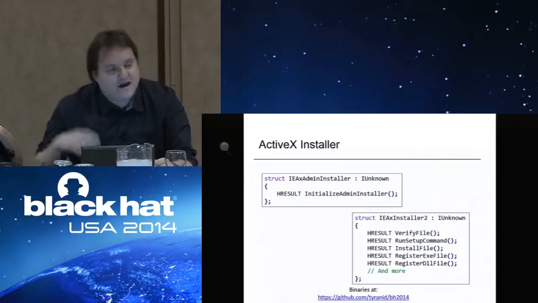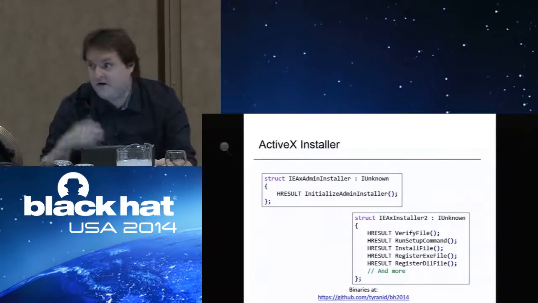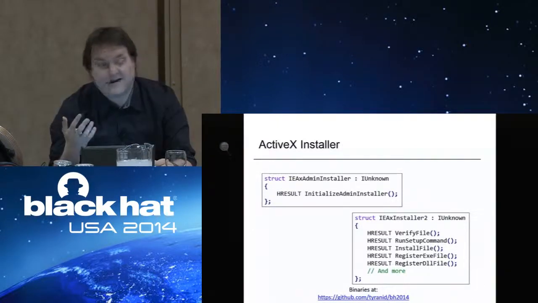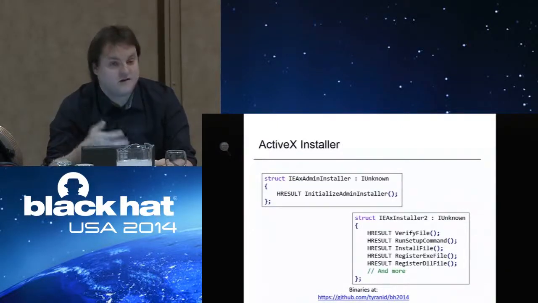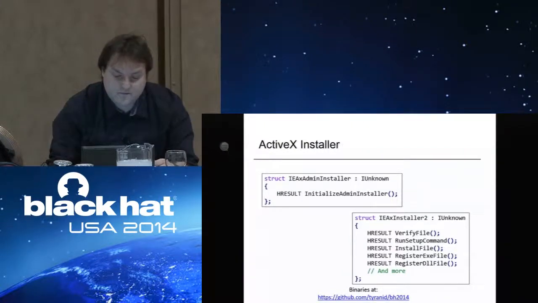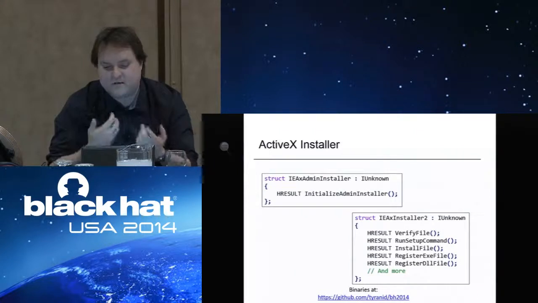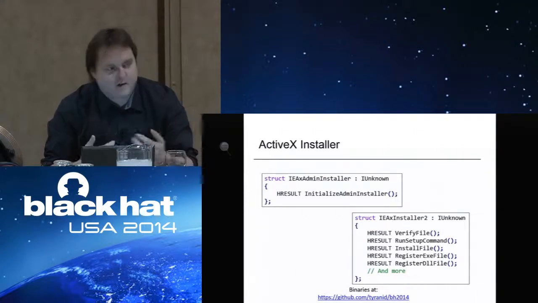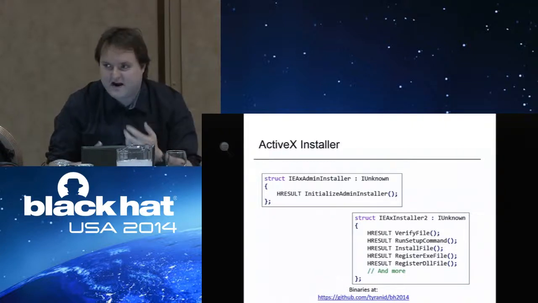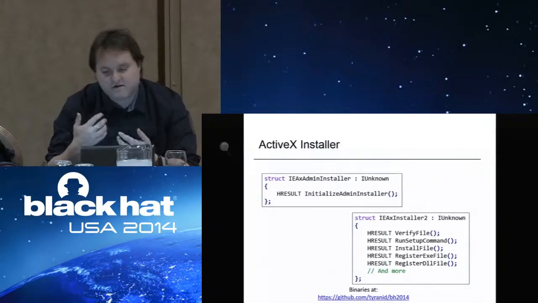Once again, I went through the same process I've done before, taking the public symbols and extracting those out into C++ structure files, which I can then call and interface with, and try and work out how it actually works. The installer was actually quite a complex piece of code. There was a lot of interactions, a state model in there.